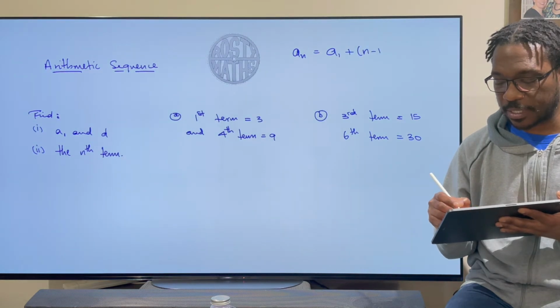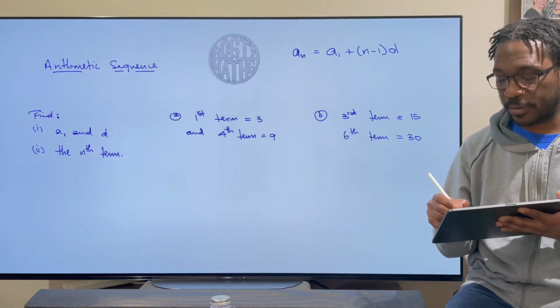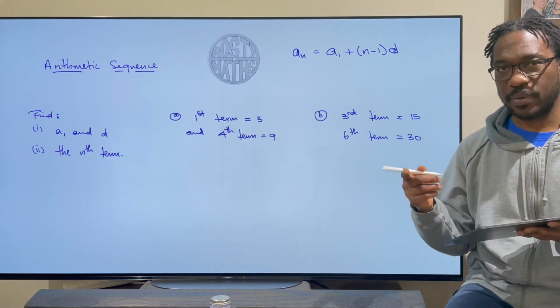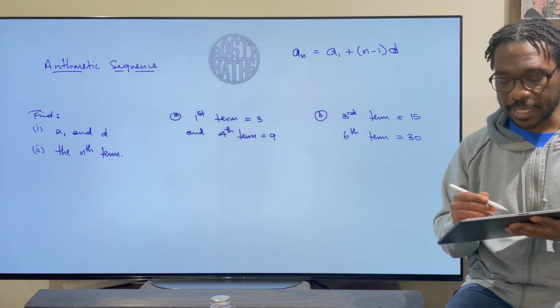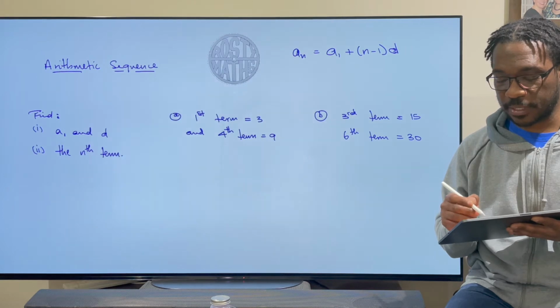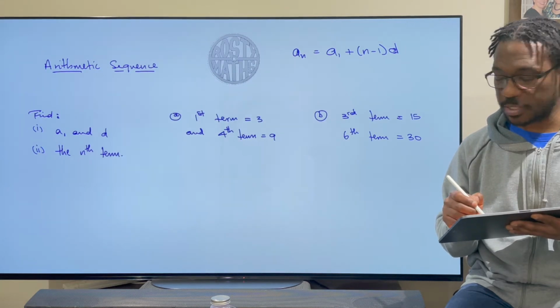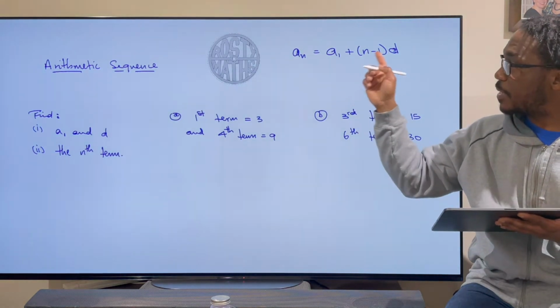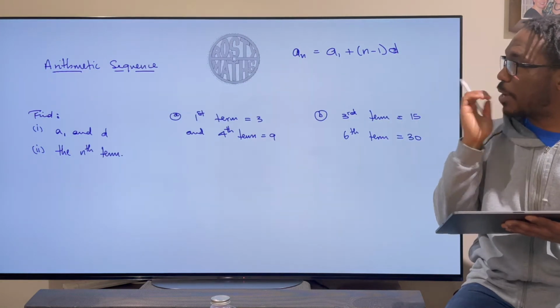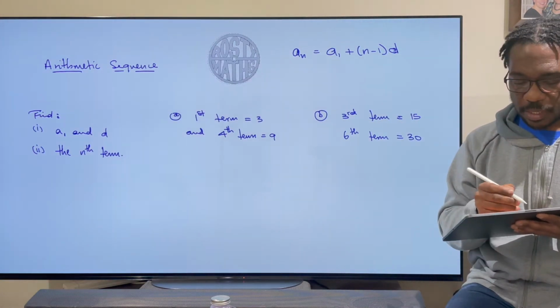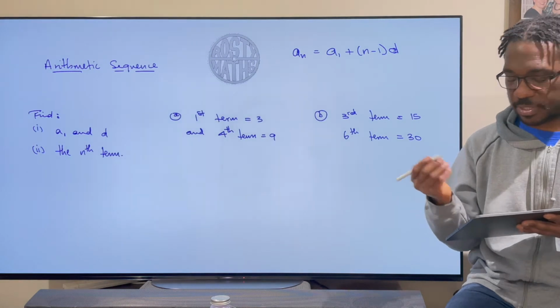looks something like that. Now, in the last video when I talked about this, I explained that this is the first term of the sequence just here. That's my first term there, and this is going to be my common difference. Now, what does that look like in the grand scheme of things?